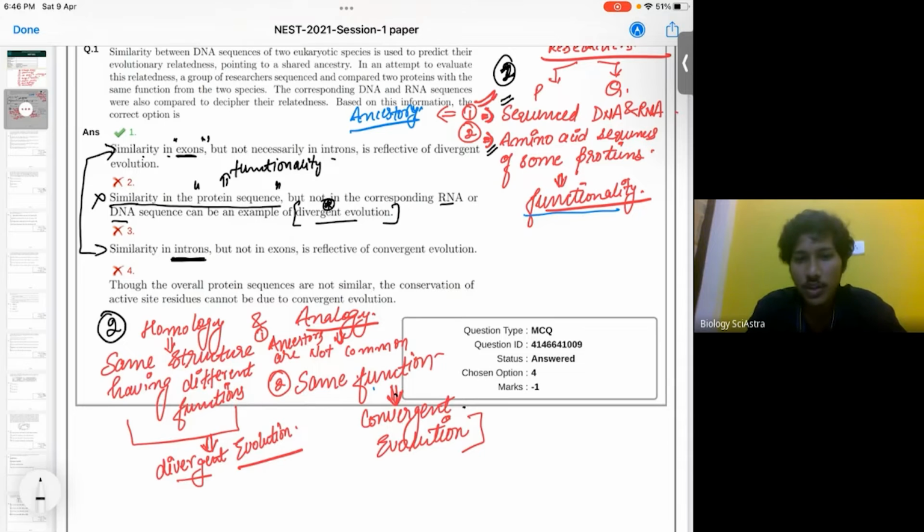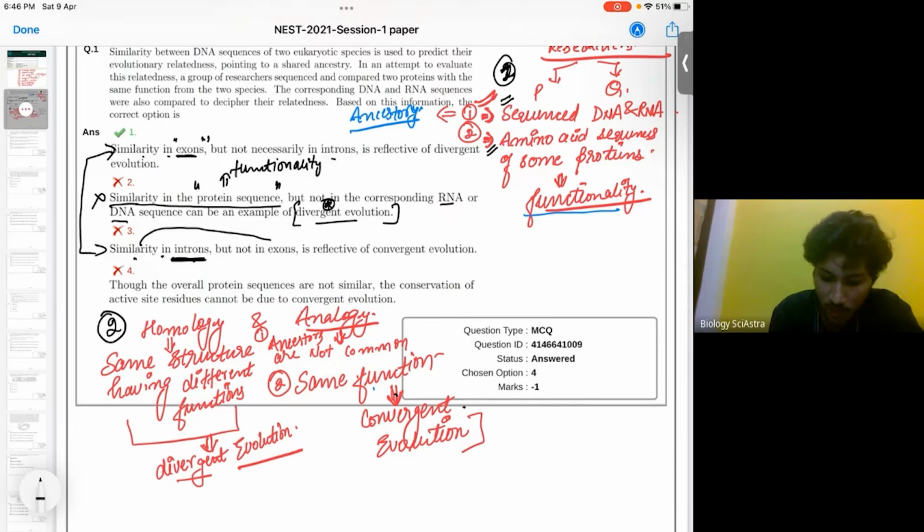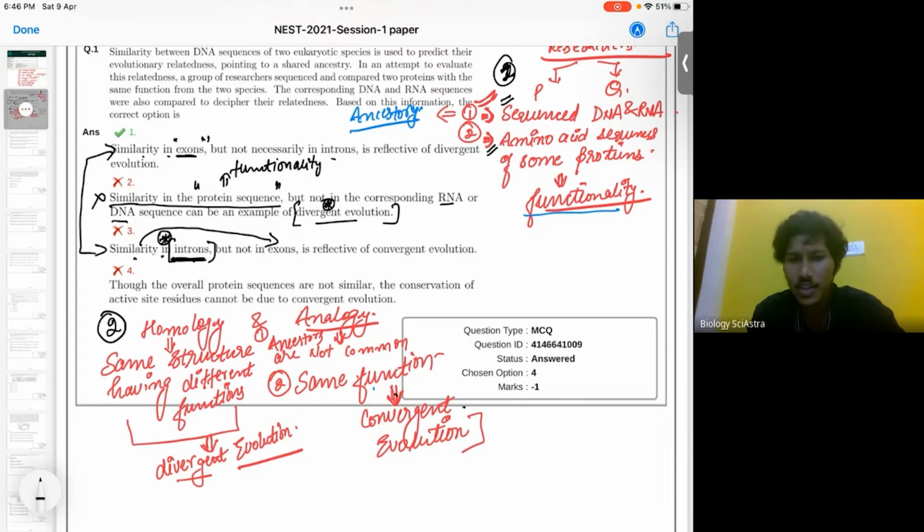This statement is obviously not correct because we are concerned with similarity in exons. If introns are also similar, then it is good. But even if they are not similar, it is fine to go with exons.